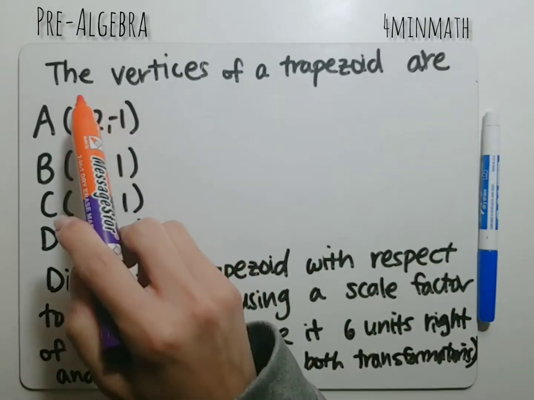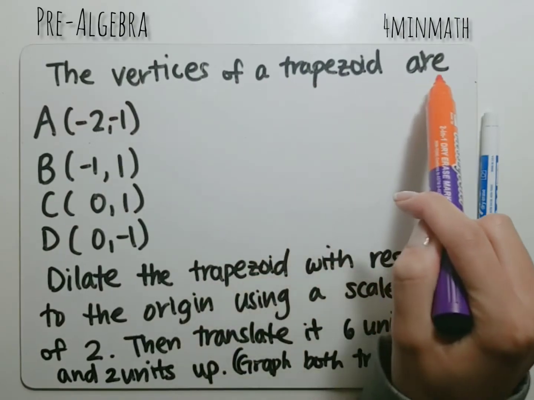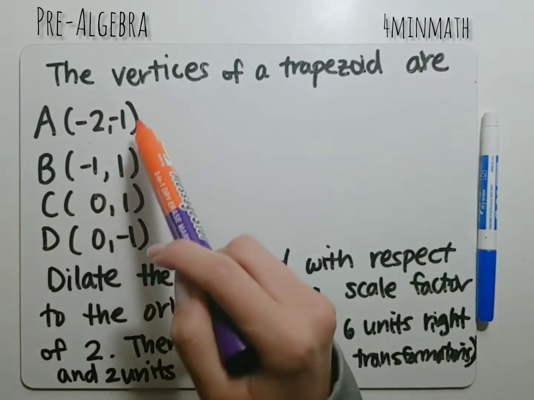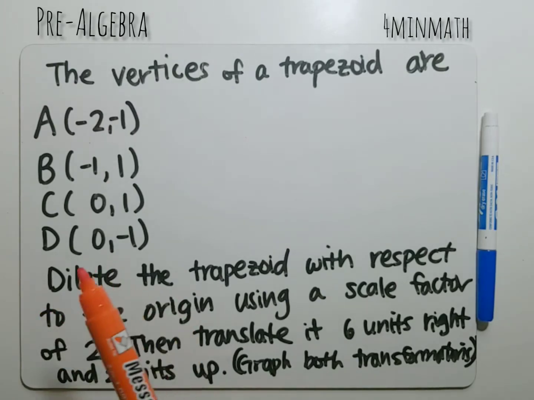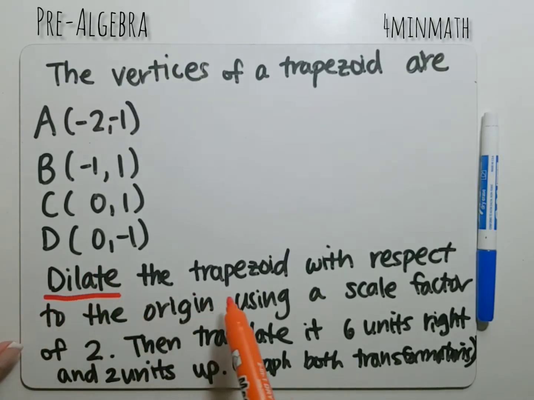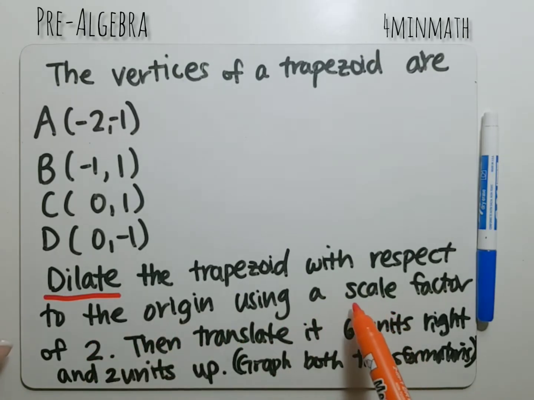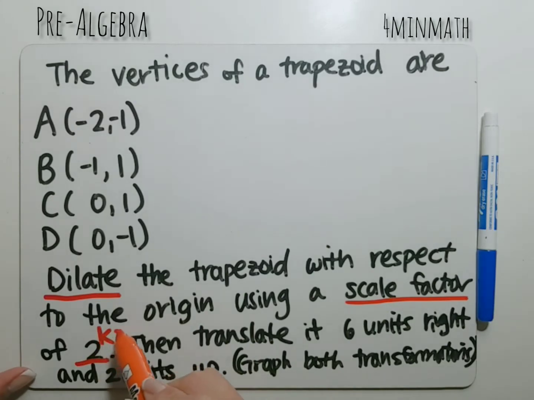So for this question, the vertices of a trapezoid are A, B, C, D, and these are your coordinates. Dilate, so let me underline, dilate the trapezoid with respect to the origin using a scale factor of 2. That means K is equal to 2.